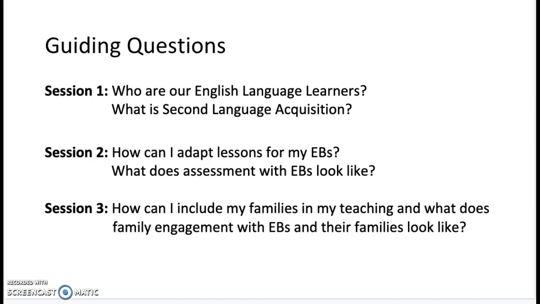Next, we're going to look at adapting lessons for emergent bilingual students and what assessment with emergent bilingual students looks like. And then finally, we're going to conclude with working with families of emergent bilingual students, in the classroom and outside of the classroom.